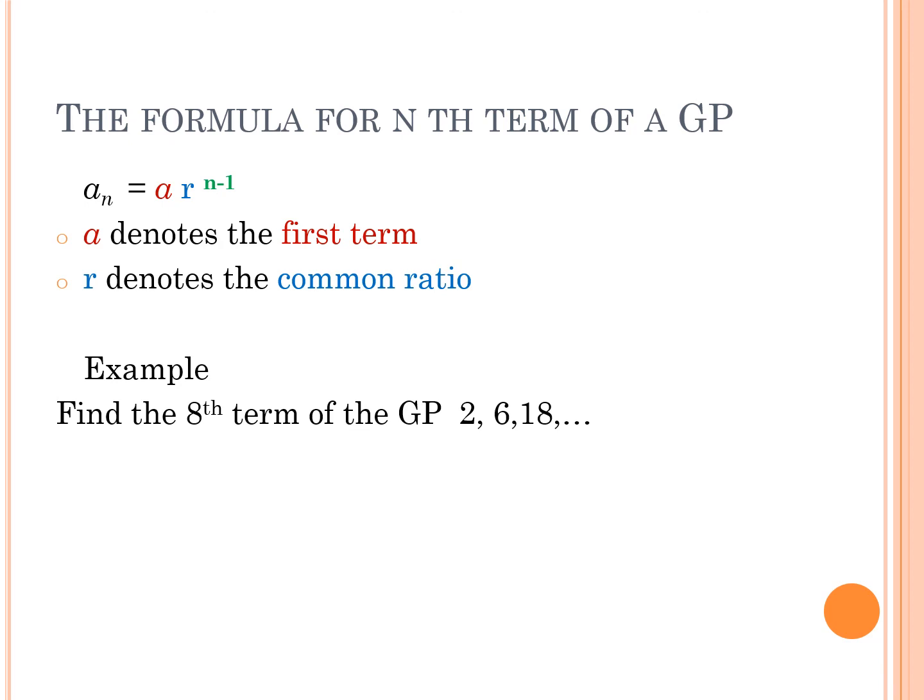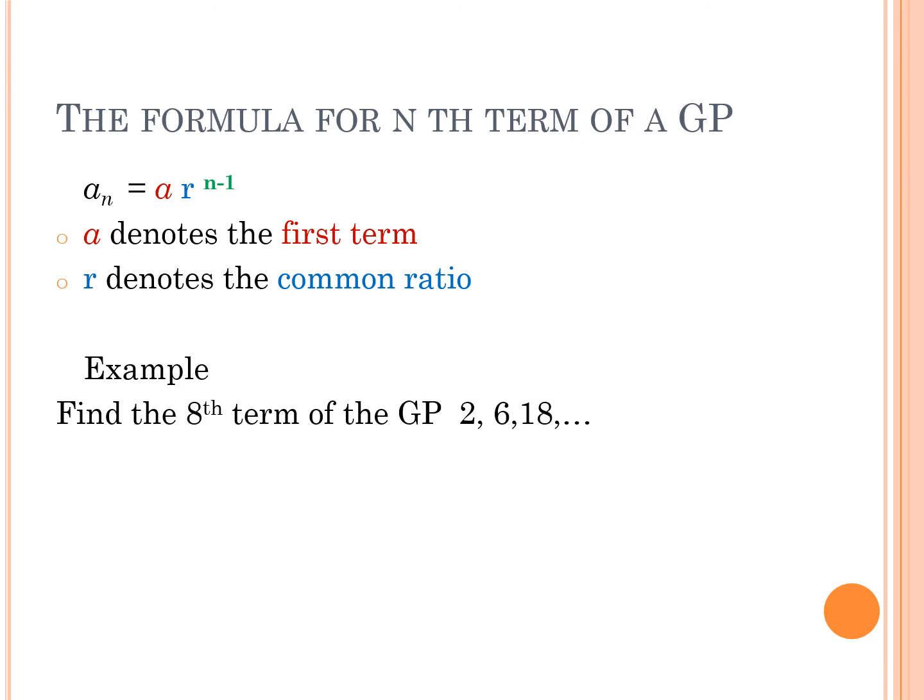In this example, we have to find the 8th term of the geometric progression 2, 6, 18, etc. In this geometric progression, the first term is 2. Now to find the common ratio, let us check whether the ratio of every consecutive term is a constant.